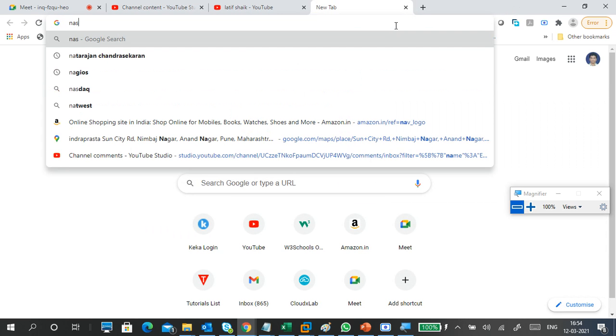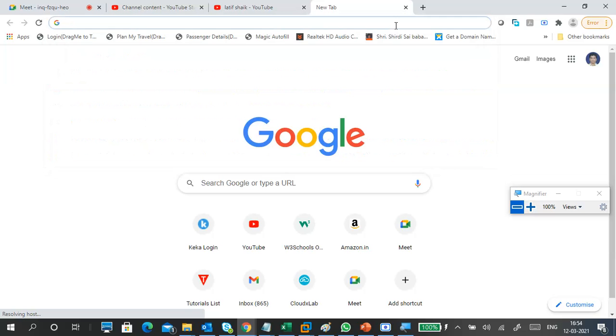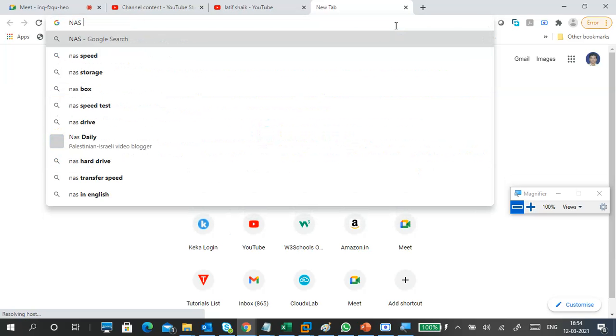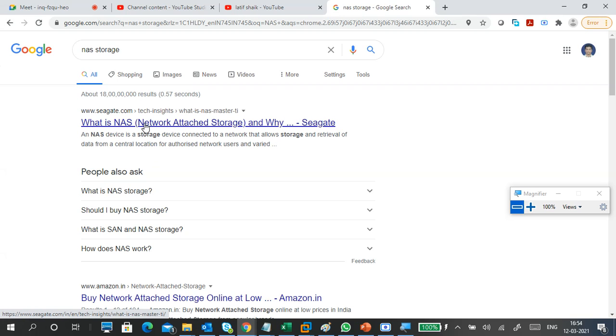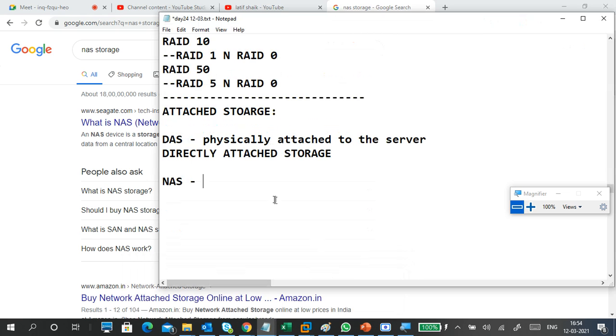What is NAS? Network attached storage. So what is this NAS kind of stuff? We have to understand.